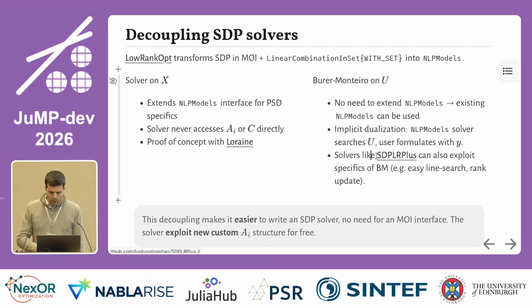What we've been looking at is trying to refactor it to be able to use it with low-rank opt. In addition to a standard nonlinear solver, it does a few specific things that are only valid for Burer-Monteiro problems.